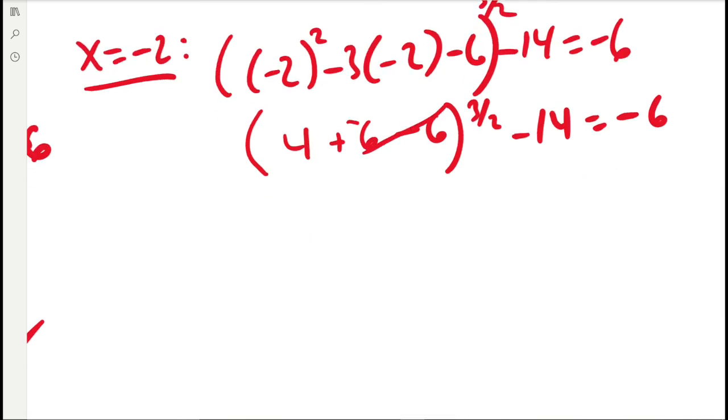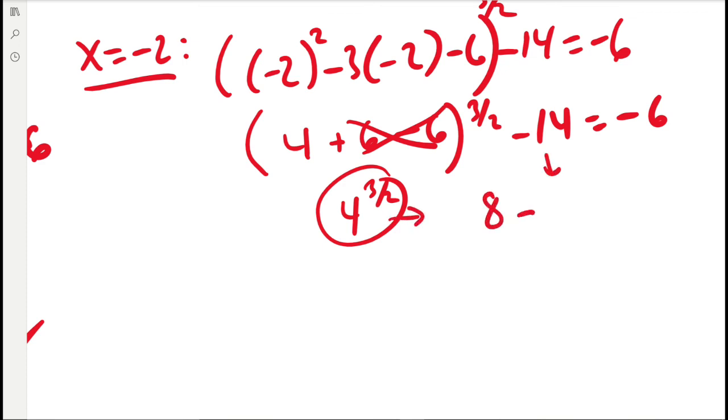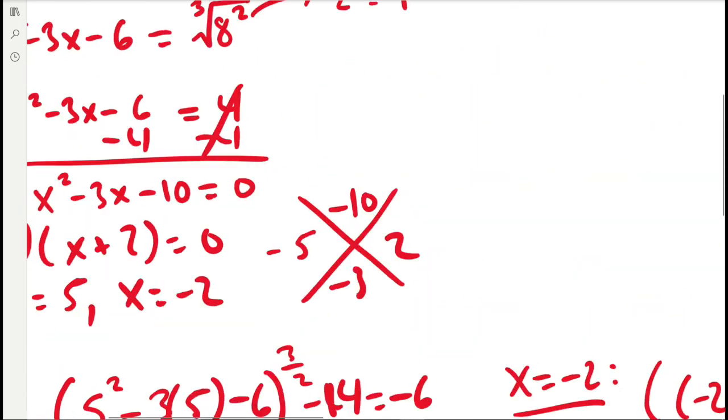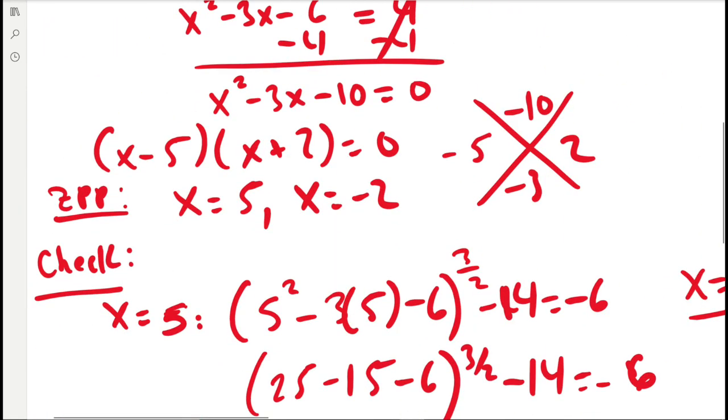Alright, 6 and 6 cancel, so this would be 4 to the 3 halves power, which we know from earlier is equal to 8, right? So this is going to be 8 minus 14 equals negative 6, so this actually is going to check out as well. So we got no extraneous solutions, we got 2 solutions in total.